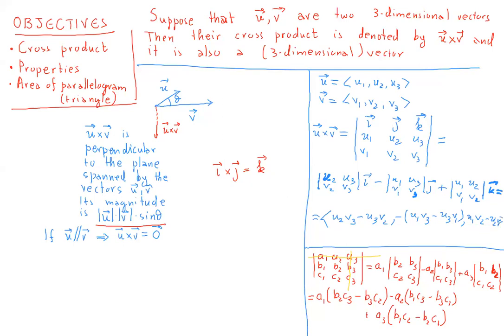At first, the whole operation might look a little involved, but once you do it a few times, then you will get the hang of it. And let's get started. Let's do some examples. Let me give you, not I, let's call it U. We said I is reserved exclusively for (1, 0, 0).